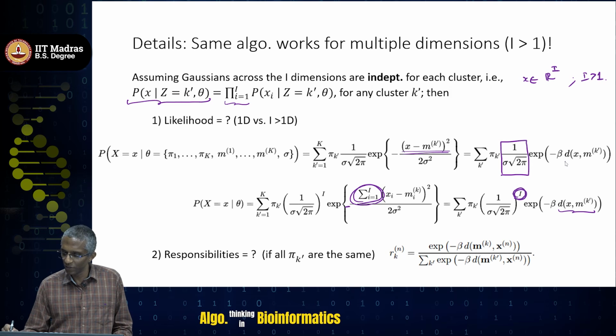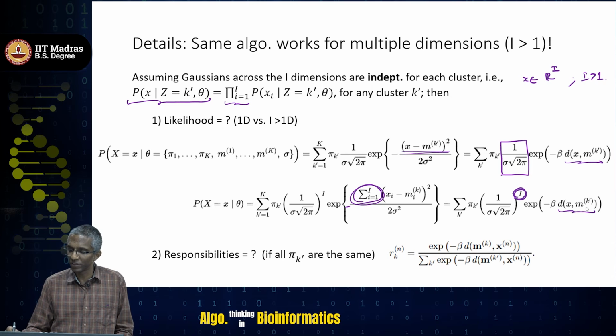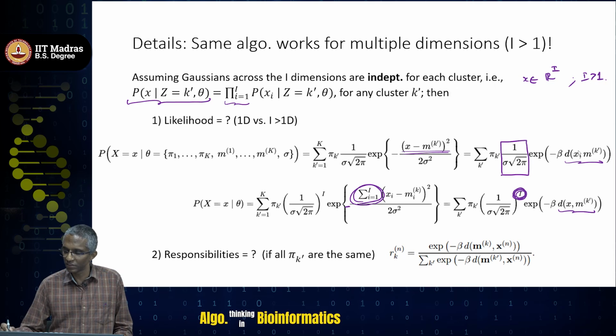So the final formula looks the same. Whether x and m of k prime are in 1D or in multiple dimensions, d handles it nicely. The only difference is that you have the sum over k prime of pi k prime multiplied by a factor of I, and then the distance remains the same. This distance is between these 1D data points here, but here the distance is between these I-dimensional data points.